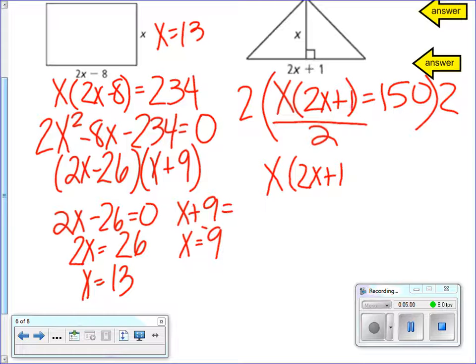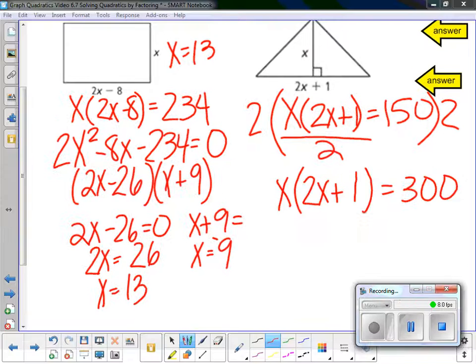Sorry, I lost my 1 there. X times 2x plus 1 equals 300. So now I'm going to distribute and get 2x squared plus x equals 300.